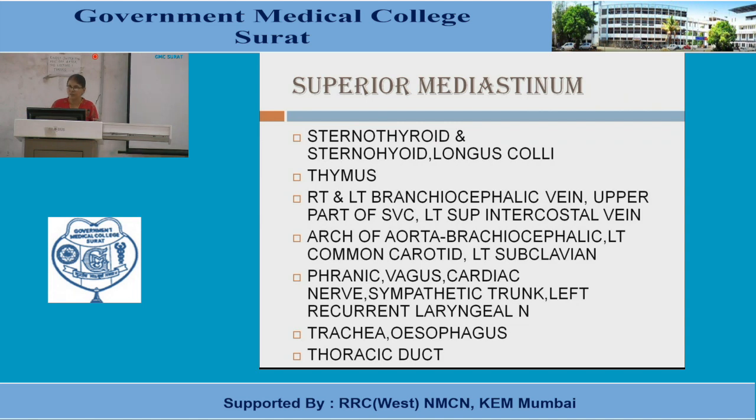So in the inferior mediastinum, we will see the bifurcation of trachea and principal bronchi. And trachea is a content of the superior mediastinum. I will show you a diagram. So these two important tubes carry air and food, and the thoracic duct, which is a lymphatic duct, is a content of the superior mediastinum. Now see the diagram.